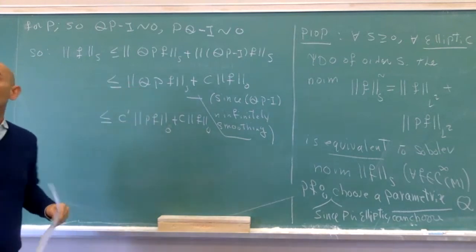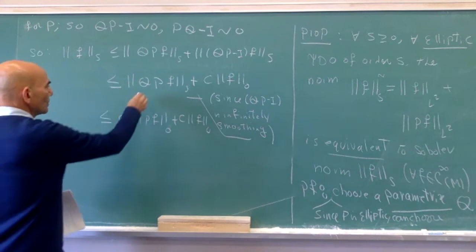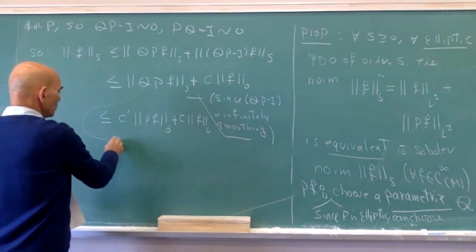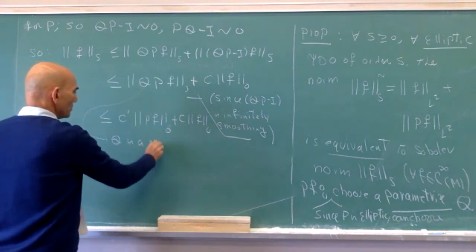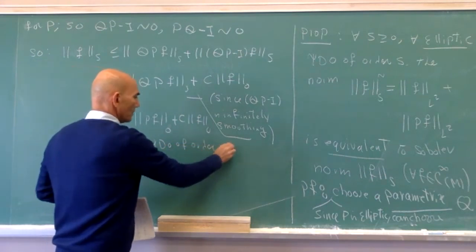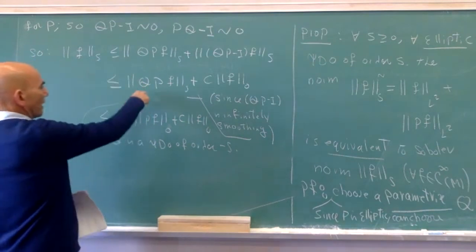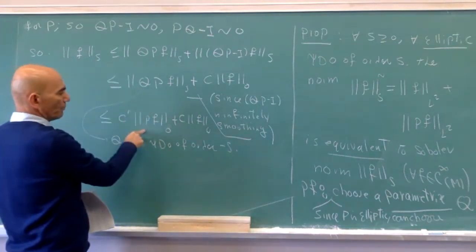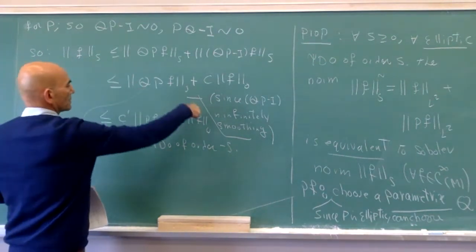So this Q is a pseudo of order minus S. So we have this inequality, boundedness of the maps, and this one.